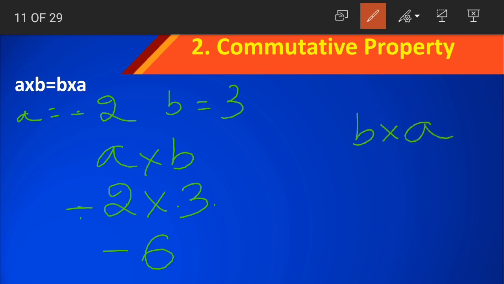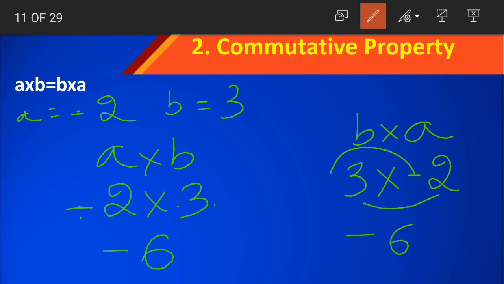Coming to b into a, 3 into minus 2. The signs are different, so the answer will be negative. 3 2s are 6. Now is LHS equal to RHS? Yes, LHS is equal to RHS. a into b is equal to b into a. So multiplication of integers follows the commutative property.